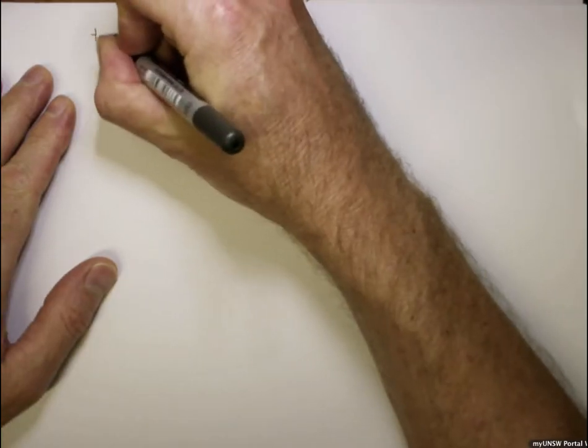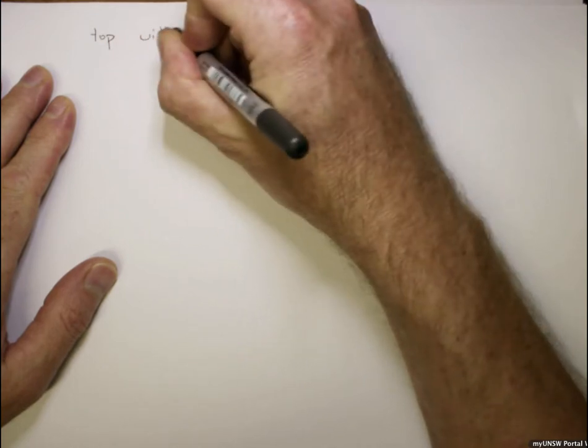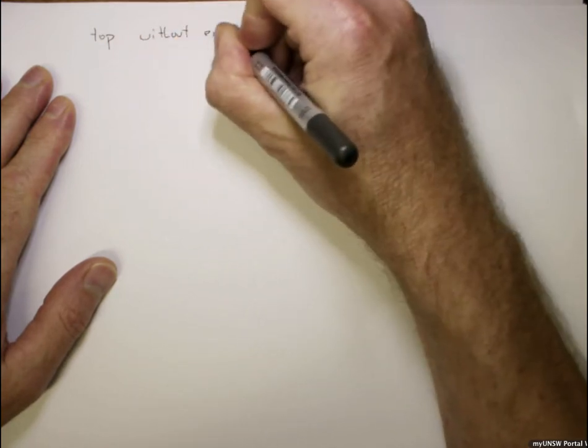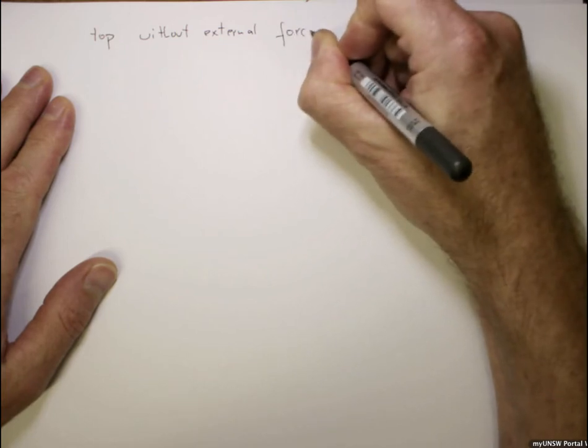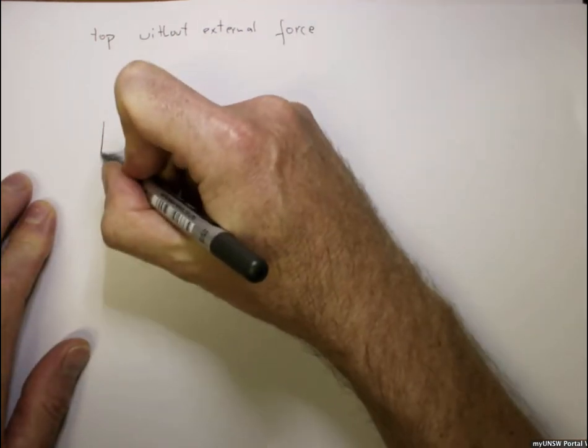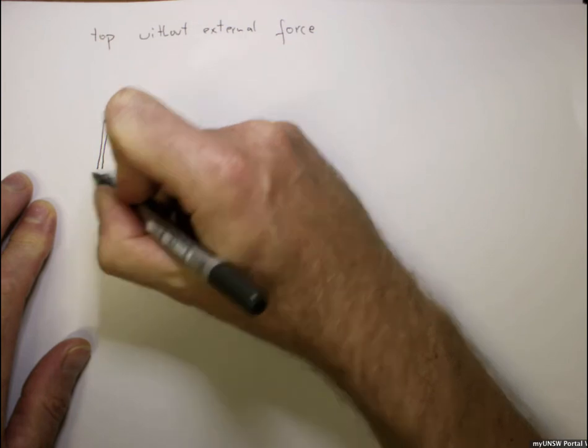Another interesting demonstration of a constant angular momentum vector is that of a top without external force, a spinning top. Here is a sketch of such a spinning top.